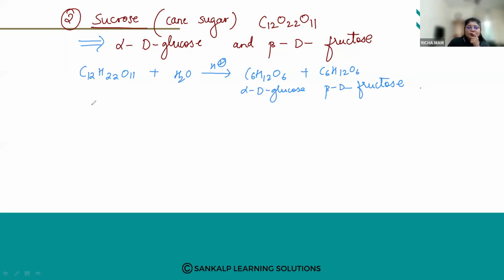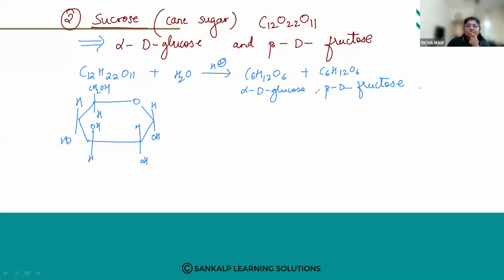So let us see the structure now. One is the glucose unit. You know how to represent the glucose unit. Alpha means again OH will be down, and CH2OH and H. Now this is one alpha D glucose unit.